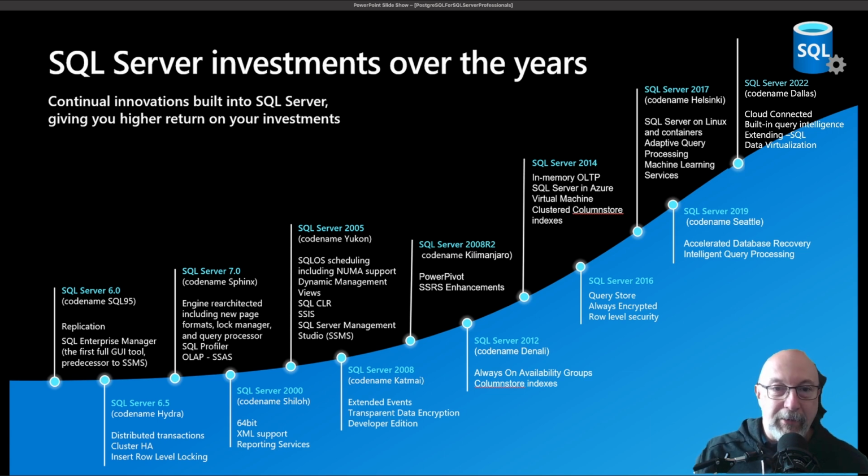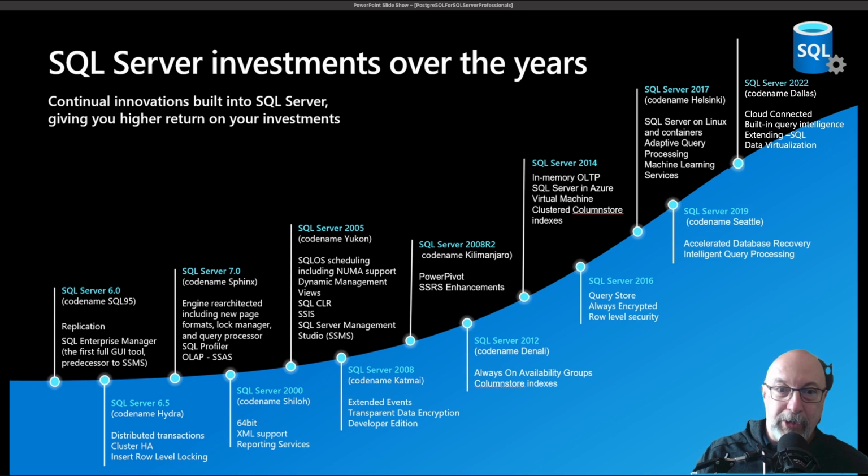I wouldn't say complete re-architecture, but this is where, for example, the SQL OS concept was introduced, basically a layer between the relational engine and the Windows operating system at the time, managing things like memory and thread scheduling, introducing NUMA support for processor architectures that were starting to have memory affinity with the different cores.